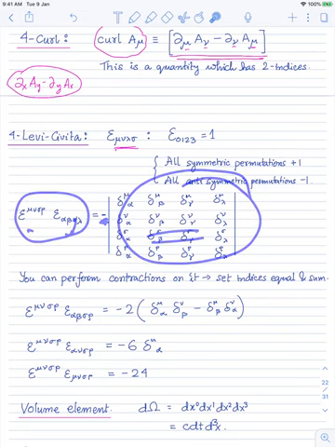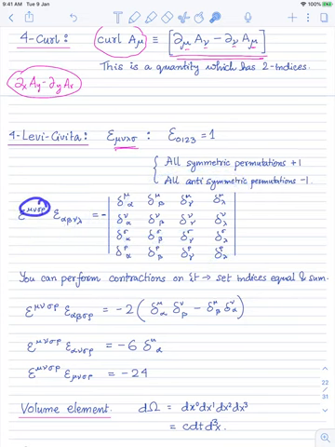There's a sign here, of course, and you have to be careful about up and lower indices, because I've written it with up and lower indices. This delta is equal to 1 whenever mu is equal to lambda, otherwise it's 0.